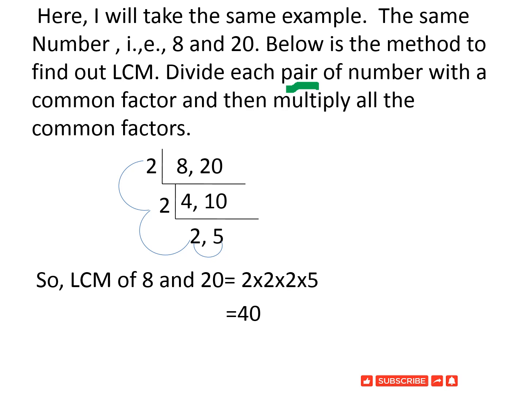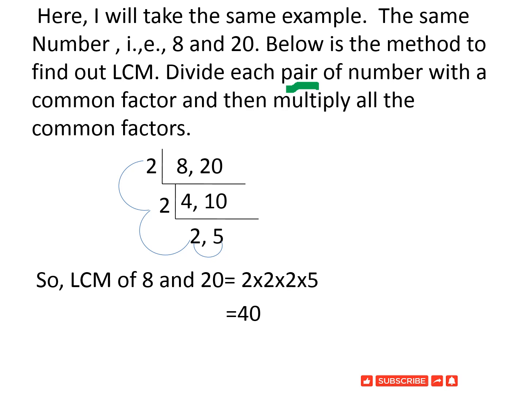So you have to divide the numbers by a common factor and then multiply all the common factors. So here 8 comma 20, and then place an angle below these numbers. Then we have to find the common factor by which we can divide both the numbers.